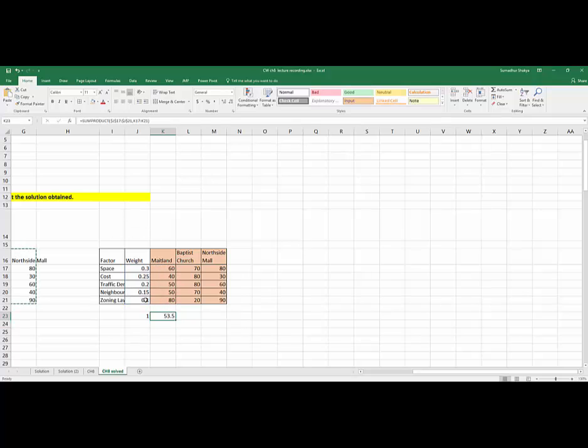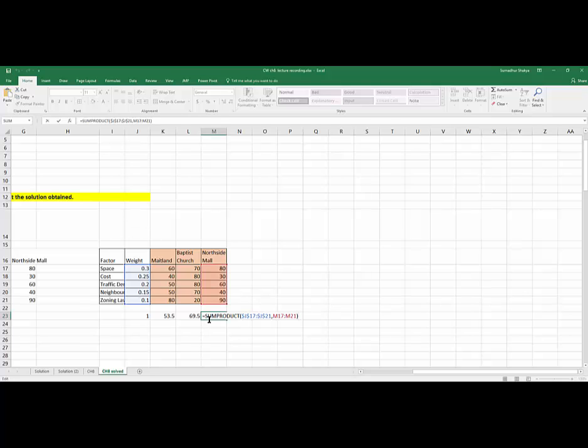Now, if my formula is right, then I should be able to drag it across for all the locations. If I hit F2, I can see that my weights are still selected correctly, times the Northside Mall. The summation of the products between 0.3 times 80, 0.25 times 30, 0.2 times 60 is given in this cell.